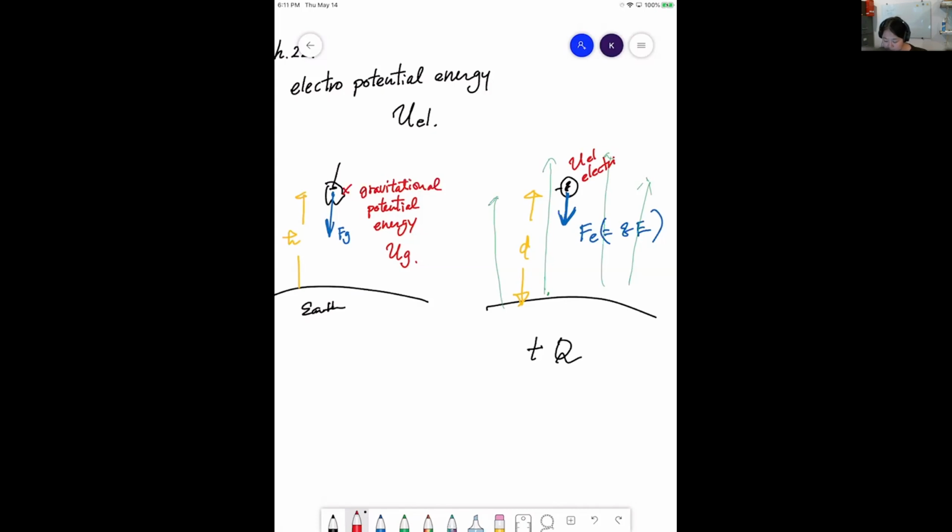This little charge possesses electric potential energy for being in that location, because this U_E will convert into kinetic energy.